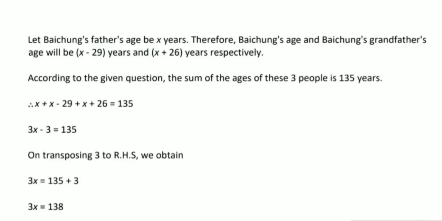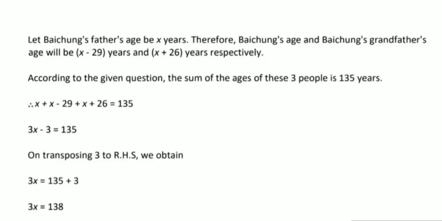So according to the given question, the sum of ages of these three people is 135 years. So we will write here x plus x minus 29 plus x plus 26 is equal to 135. Now total 3x. So 3x minus 3. Why minus 3?